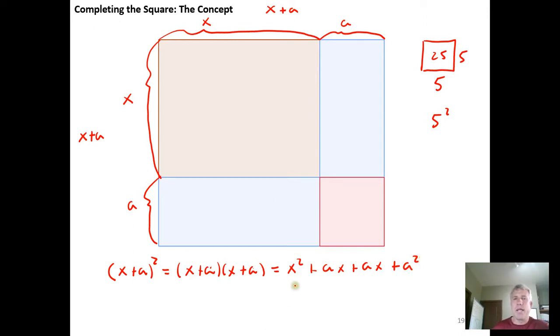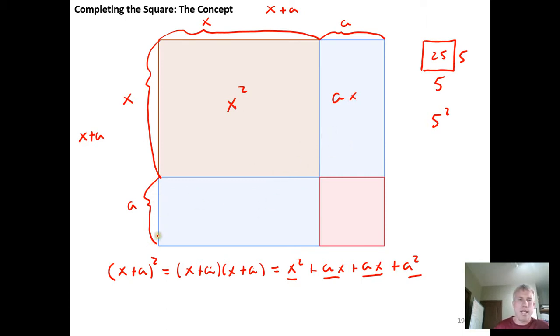What I want to recognize is that these four terms actually correspond to the four areas that this square has been broken into. Right here I have a square that is x by x, so its area would be x squared. Here I have a rectangle that's x high by a wide, so its area is x times a, which is ax. This rectangle is identical to this one.